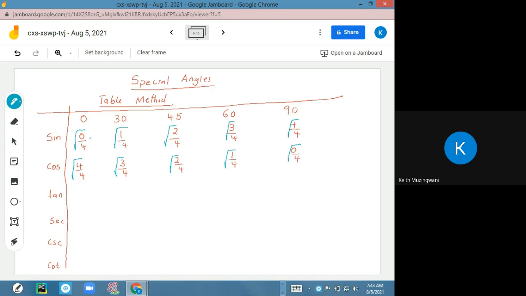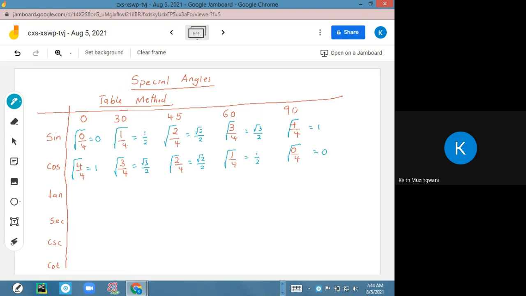The answers you get: here 0, 1 over 2, root 2 over 2, root 3 over 2, 1. For cos: 1, root 3 over 2, root 2 over 2, 1 over 2, 0.